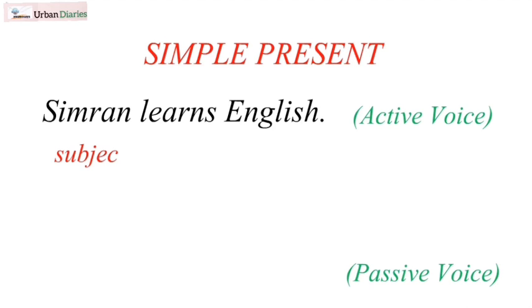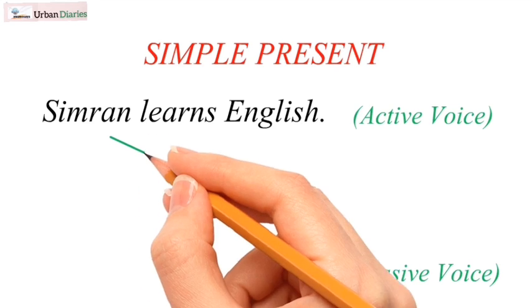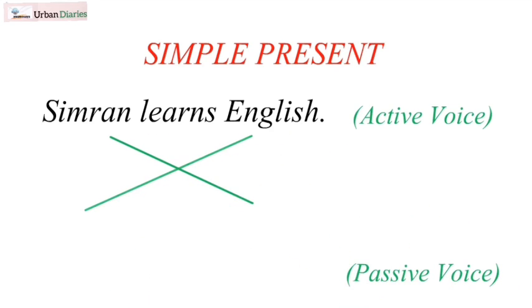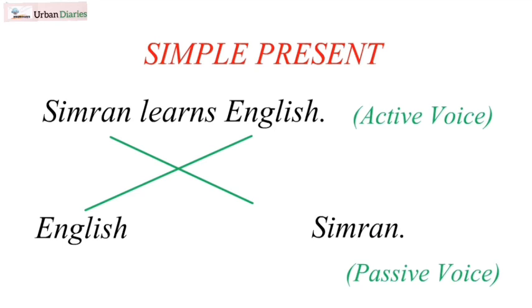First, identify subject, verb and object. Simran is the subject, learns is the main verb, and English is the object. It's easy to find, right? So step 2 is to change the position of the subject and object. So English will come in place of subject and Simran will go in place of object. Step 3, to change main verb into third form.